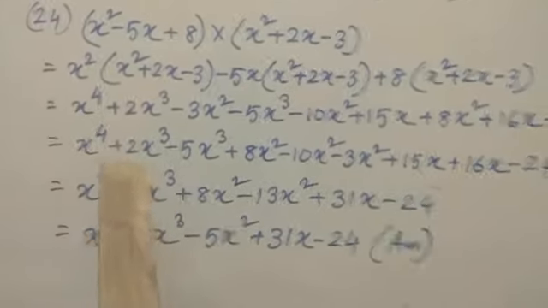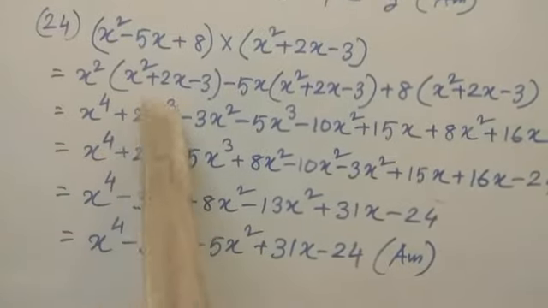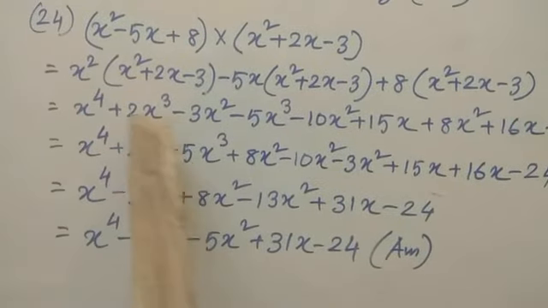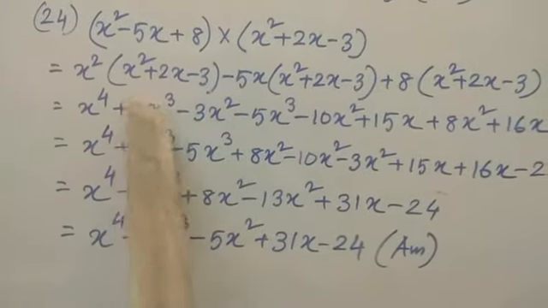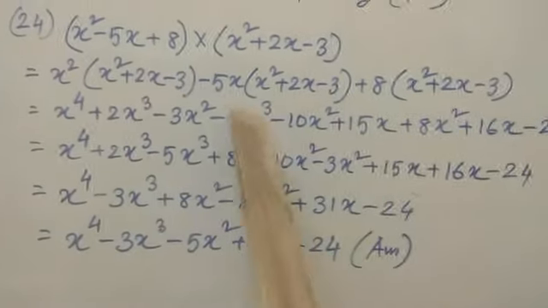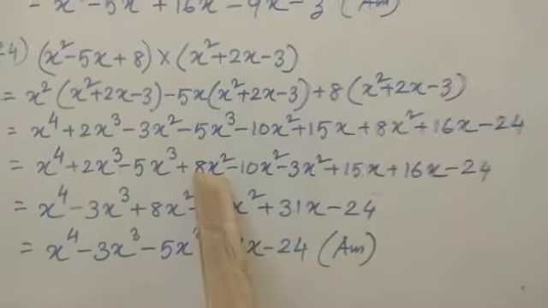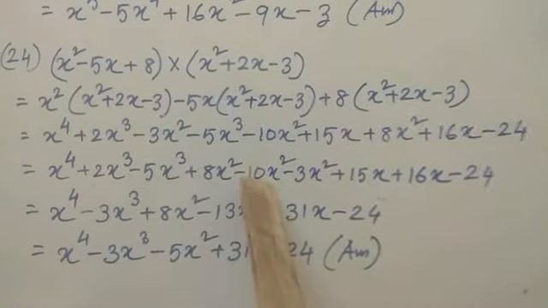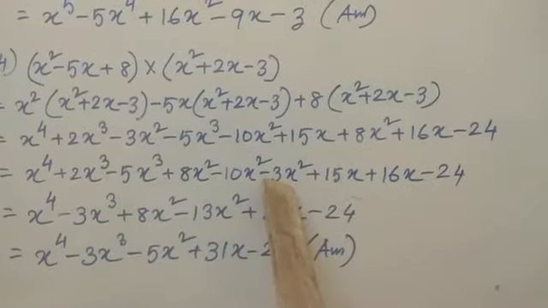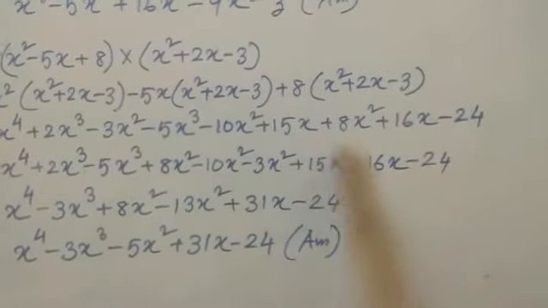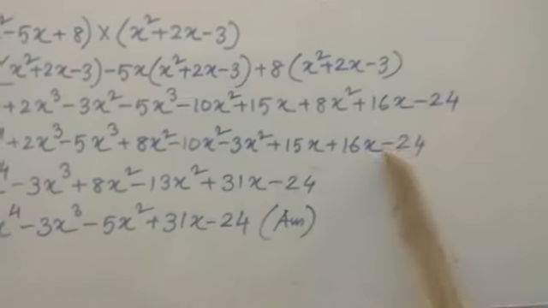Now simplify this. X to the power 4, 2x cube, write all the like terms together, 2x cube and 5x cube here, minus 5x cube. Now 8x² minus 10x² minus 3x², 15x plus 15x plus 16x minus 24.